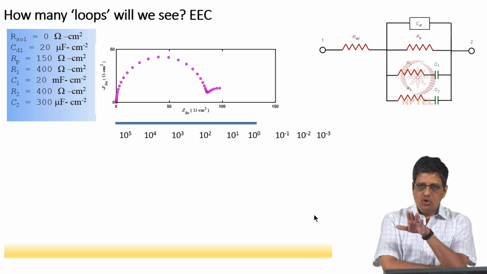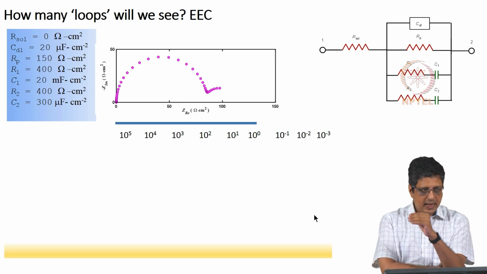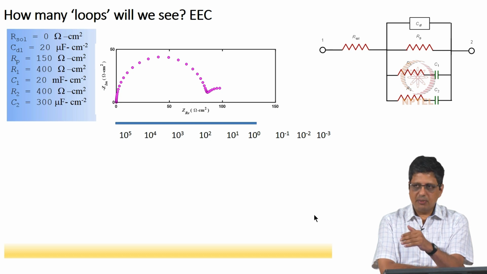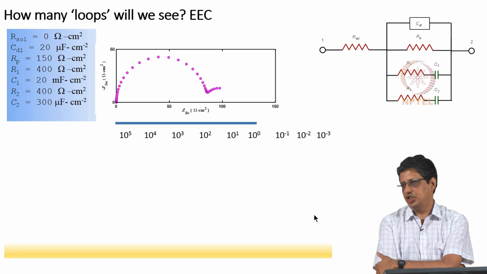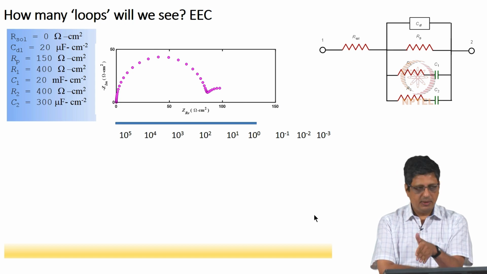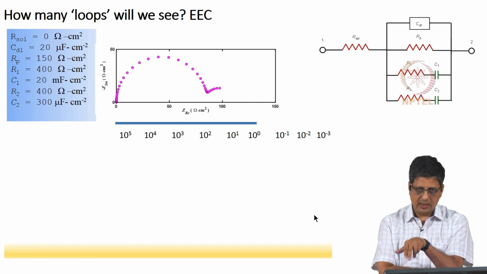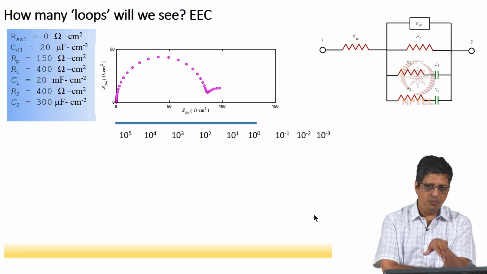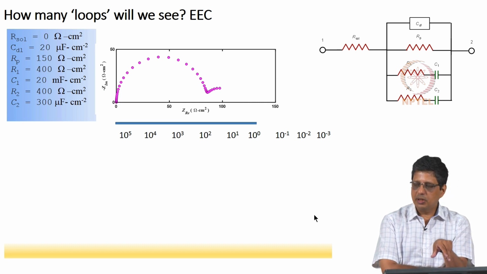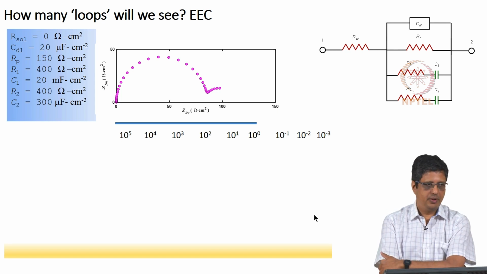So, you may get fewer loops than the number of time constants in the actual system, because we have a limited frequency range, that is a possibility. Similarly, if you have 2 adsorbed intermediates, 2 Maxwell elements will be suitable, but you may not see 2 loops for the Faradaic process because we have limited frequency range.